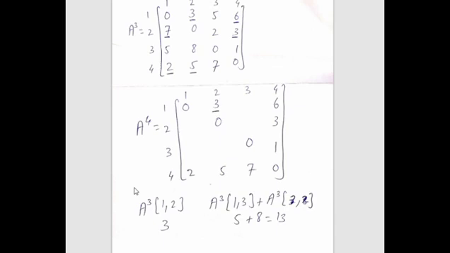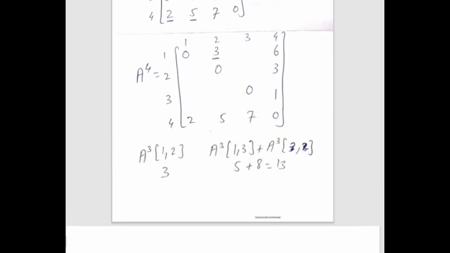Add both. Which one is smaller? 3 is the smaller one. Consider the smaller one and write it down in matrix A4. The 1 to 2 distance is 3, right?